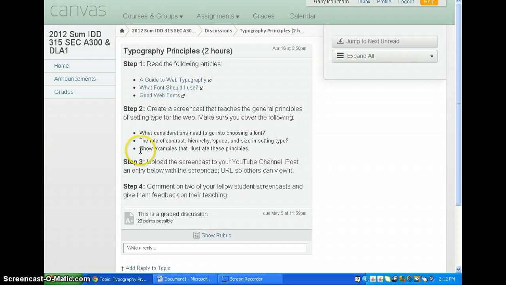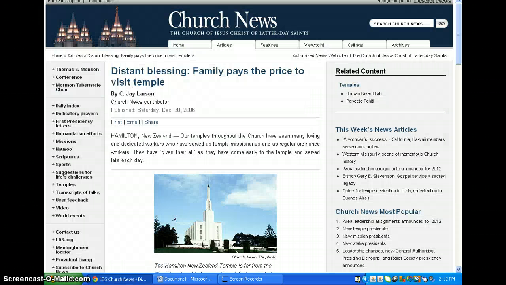And then let's go back to the second question: the role of contrast, hierarchy, space, and size in setting type. So let's talk about the contrast first. It is important to make sure that we can read the website.